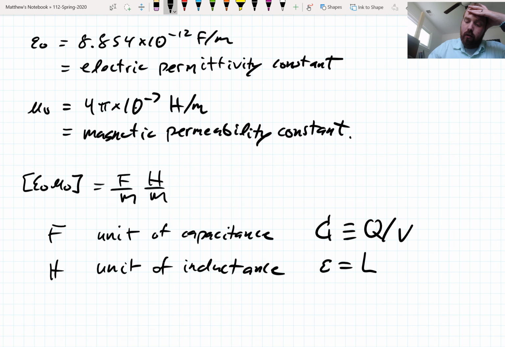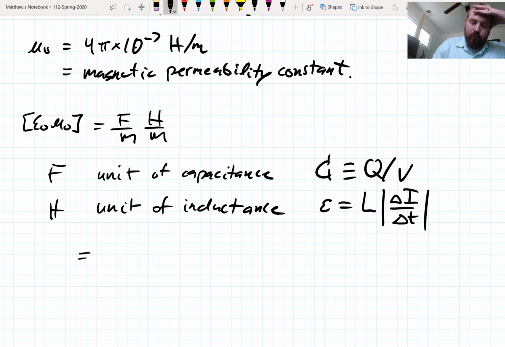So we can rewrite these. Instead of a farad, I'll call this a coulomb per volt per meter. Henry is going to be replaced with a volt second per ampere per meter. And I'll visually highlight this just to help with the substitution.